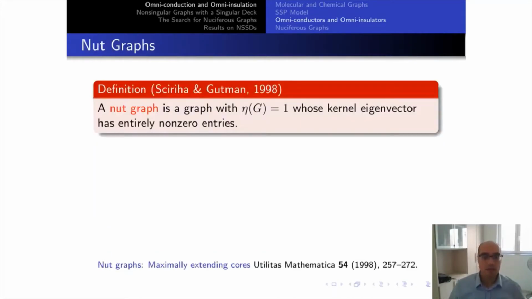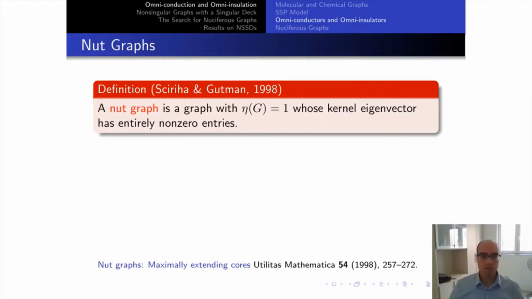So let's leave chemistry for a moment and focus on knot graphs. What is a knot graph? A knot graph is a graph whose definition was introduced in 1998 by Sriha and Gutman. A knot graph is one that has nullity 1 and whose kernel eigenvector has non-zero entries throughout.